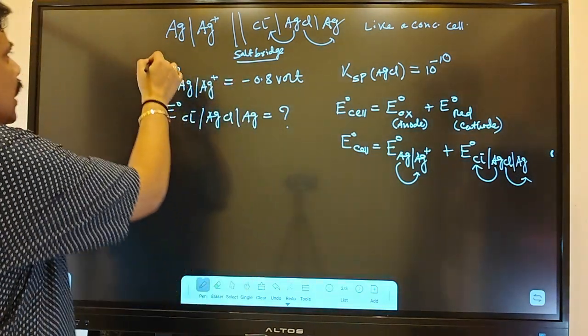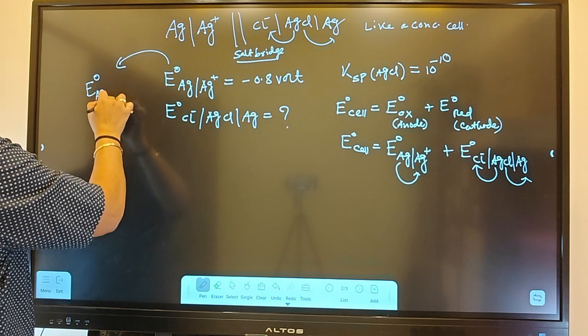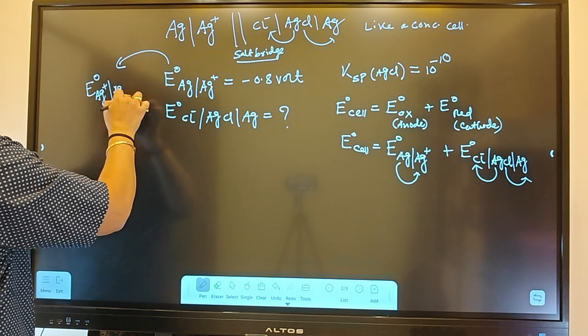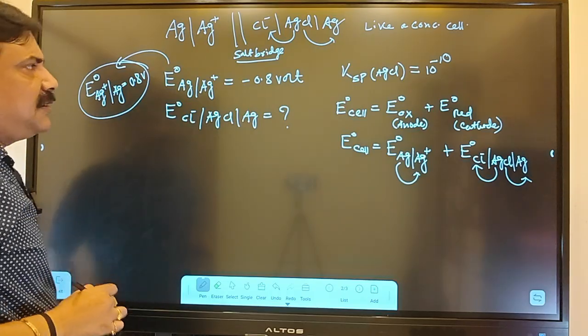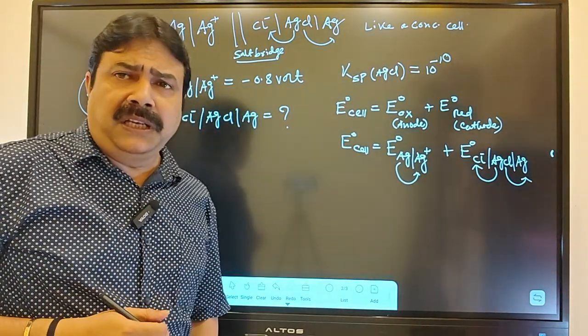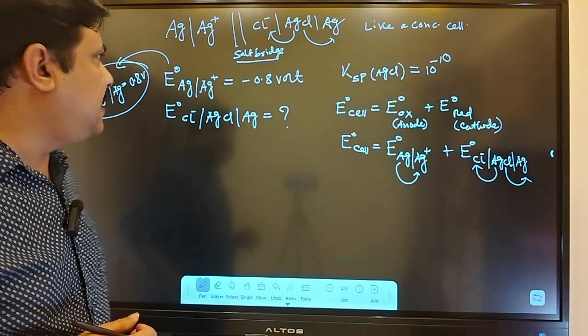So from here I can write E naught of Ag plus to Ag equals 0.8 volt. So oxidation potential negative means reduction potential for the same system is positive.